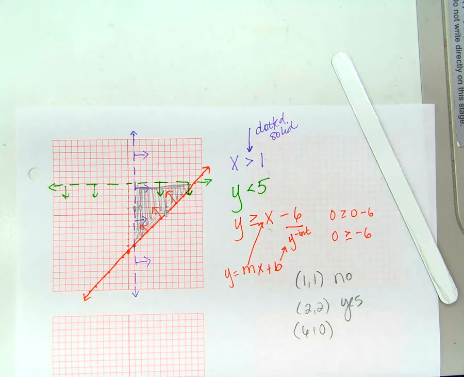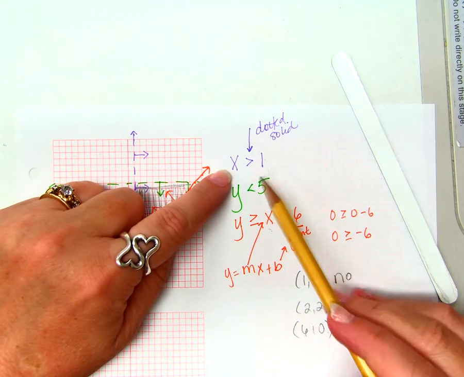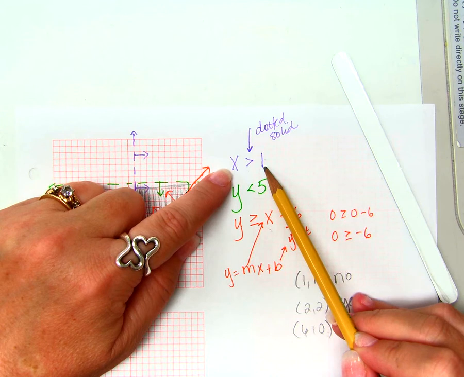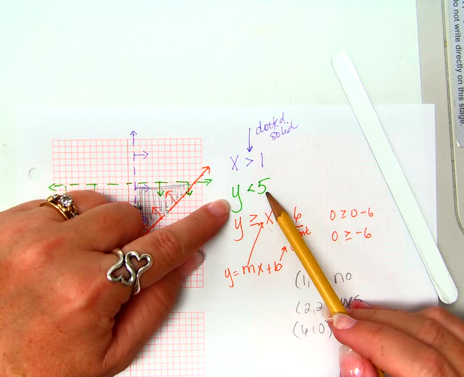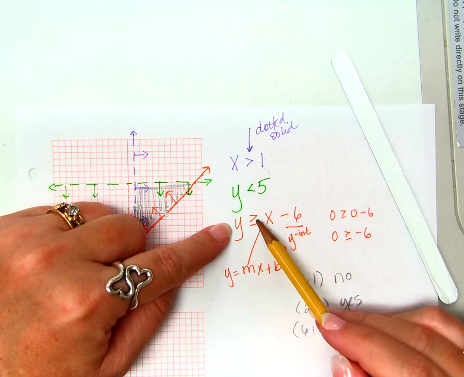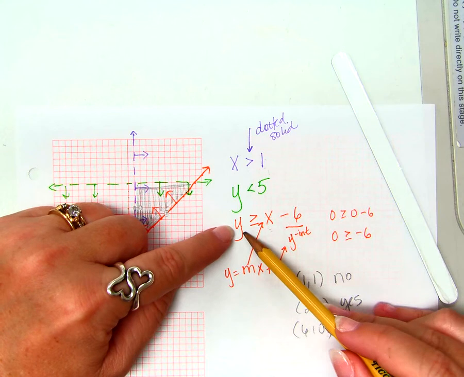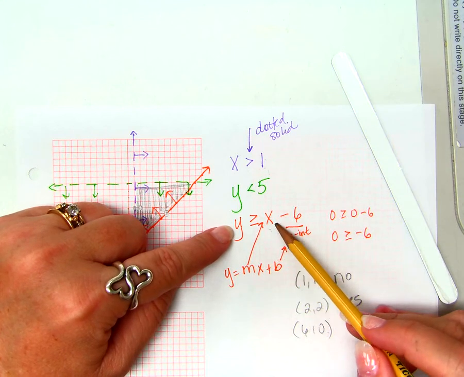Does it work? If x is 6 and y is 0, 6 is greater than 1. Does that work? 0 is less than 5. Yes, that works. 0 is greater than or equal to 6 minus 6, so 0 is greater than or equal to 0. That's true, isn't it?